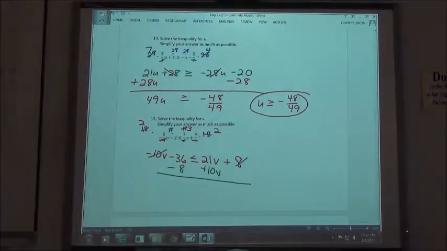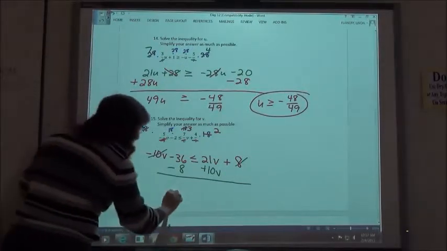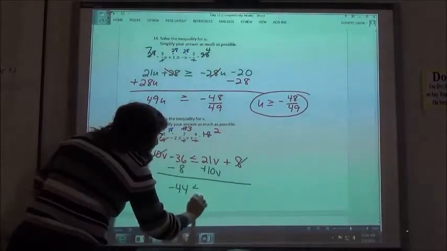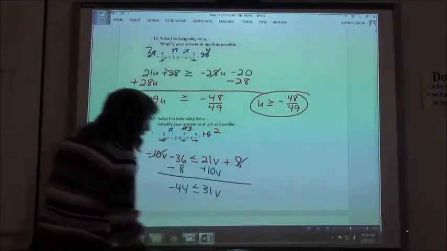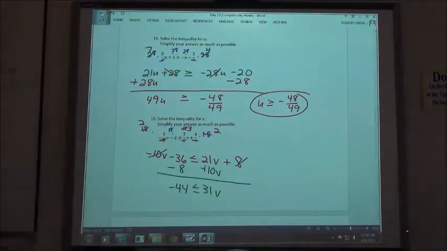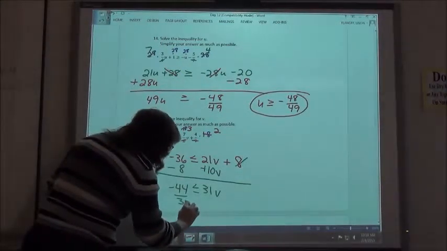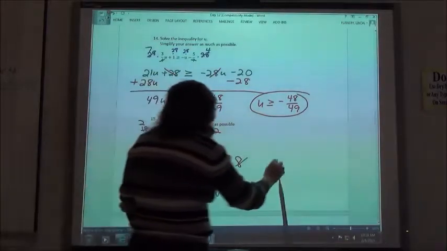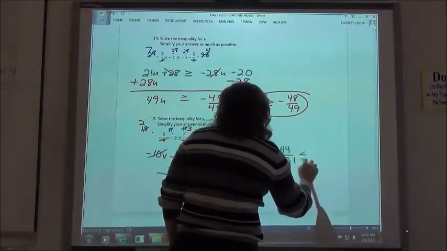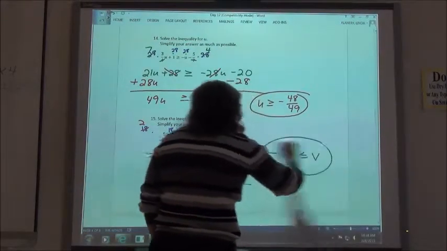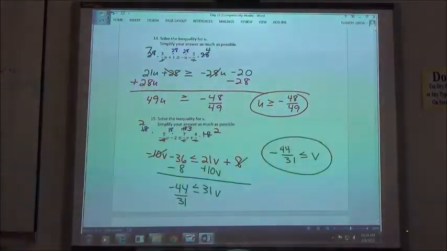So negative 36 minus 8 would be negative 44 is less than or equal to 21 plus 10 is 31v. And then all we have to do is divide by 31. I don't think I can simplify that fraction, so I have negative 44 over 31 is less than or equal to v, keeping it in the right order.